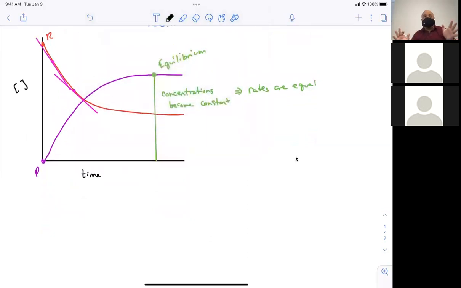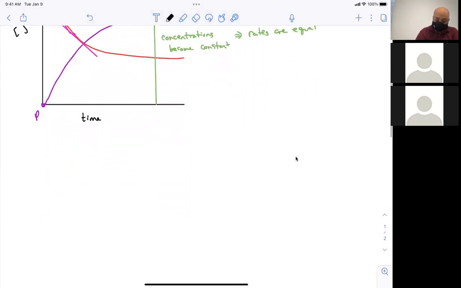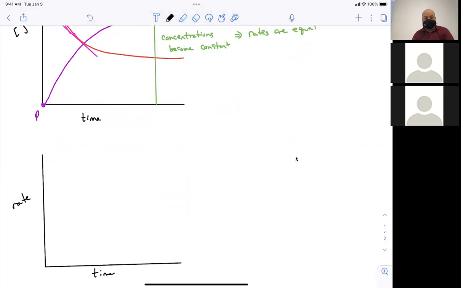And you can translate this into an additional graph, which relates to topic 6 as well, where you do time and rate, okay? Now, the key difference here is that, like we said before, rate is equal at equilibrium.